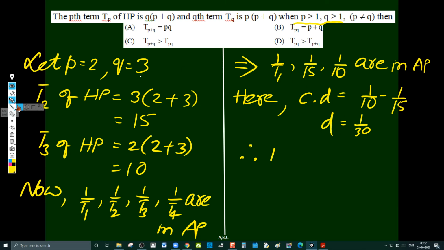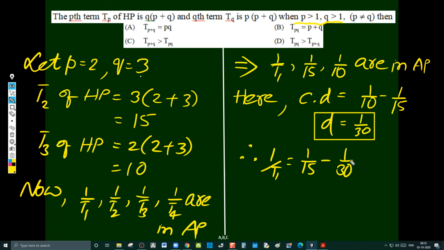Now, 1 by T1, please. It is prior term to 1 by 15. There is a term behind 1 by 15, minus 1 by 30. What is LCM? 30 LCM and 2 minus 1, 1, 1 by 30.